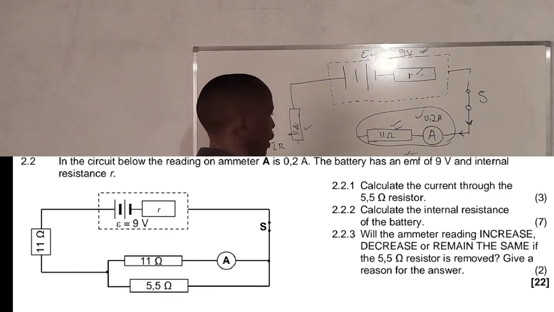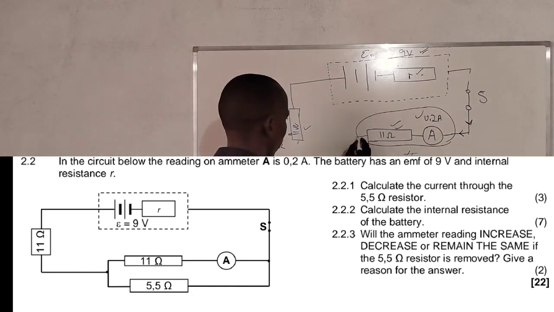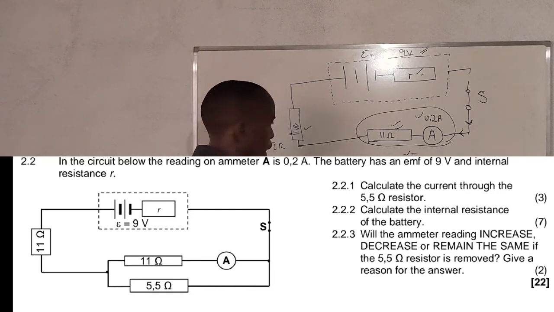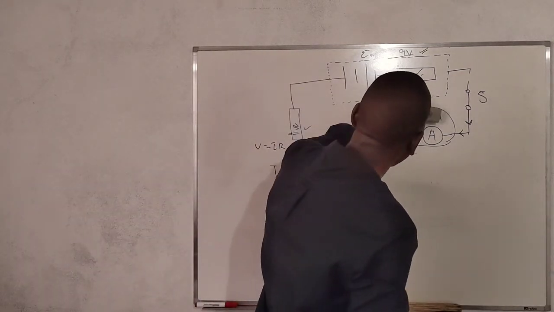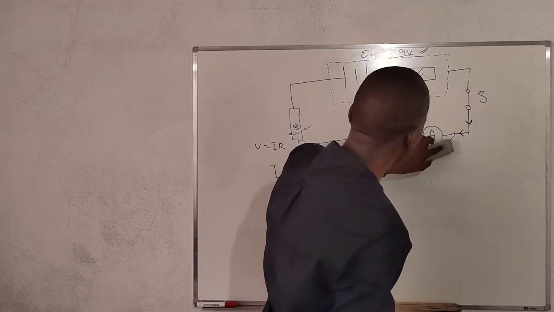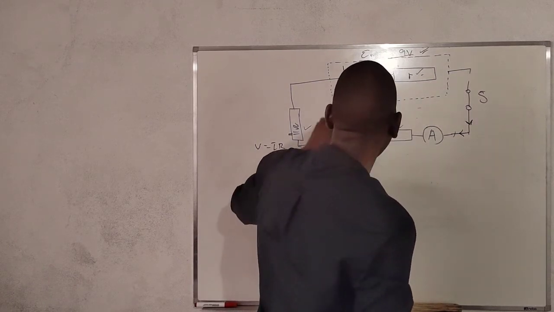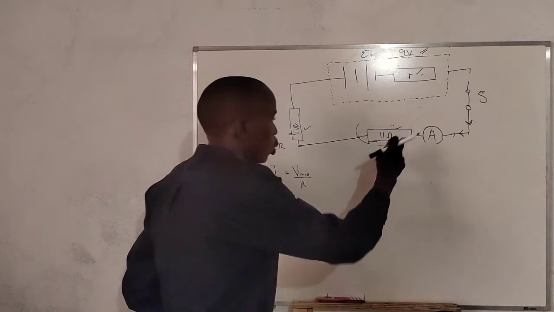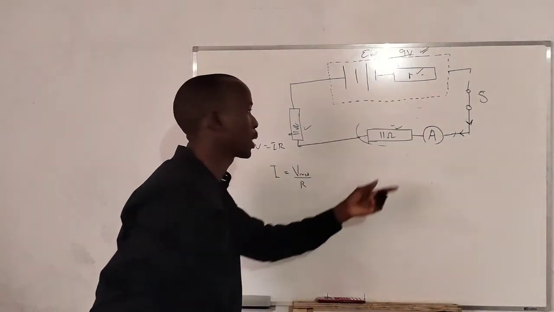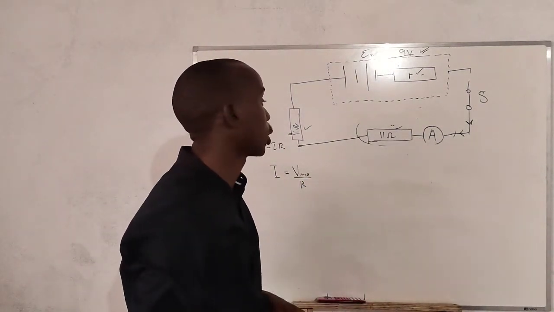Notice a change when I have removed this resistor. The ammeter is now measuring the total current.